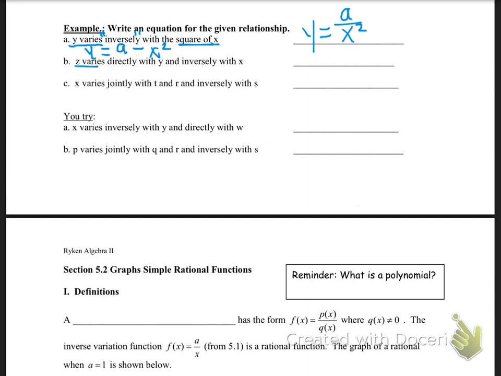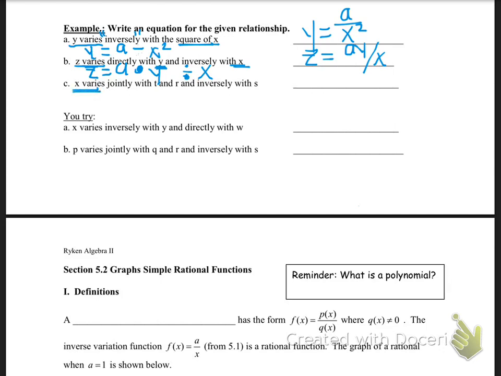In B, z varies directly. So that means z equals. Directly means a times, well, what comes next? y. Keep reading because it says and inversely, which means divided by. And then now what comes next? x. So this is going to be z equals a times y divided by x. This one is not x squared. It just says x, right?